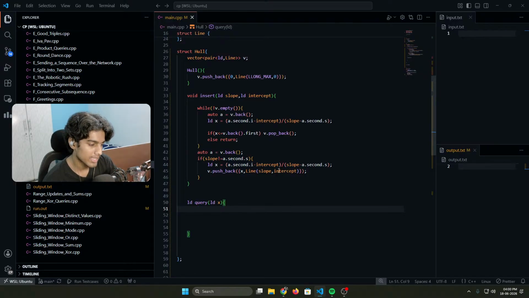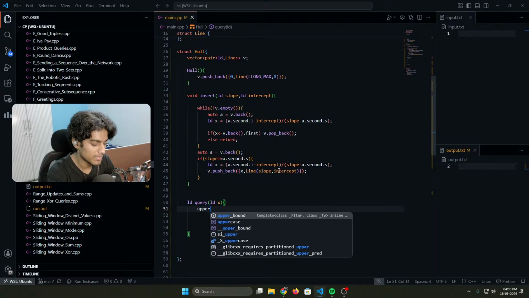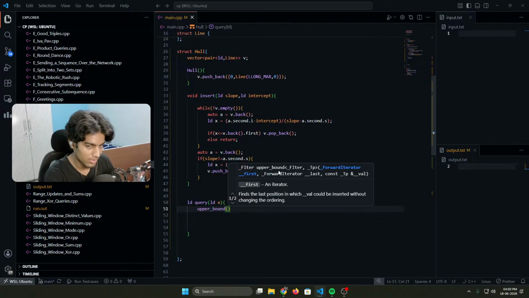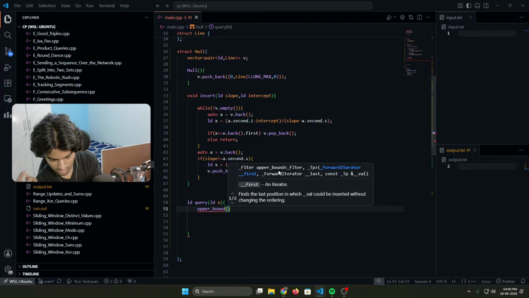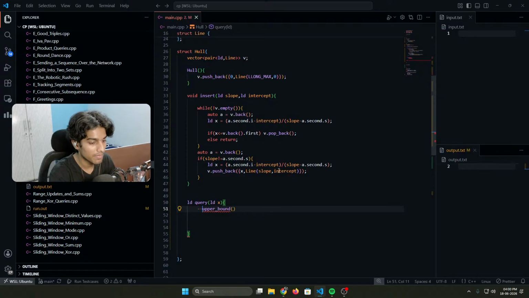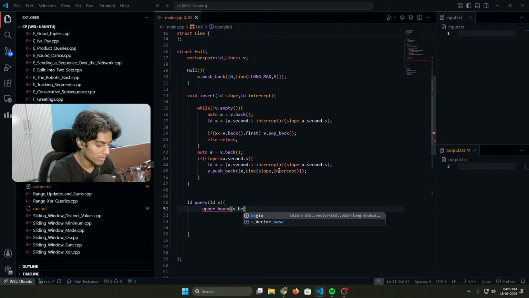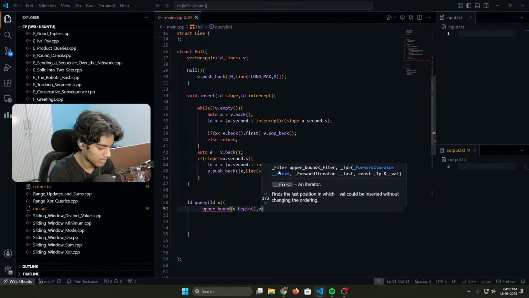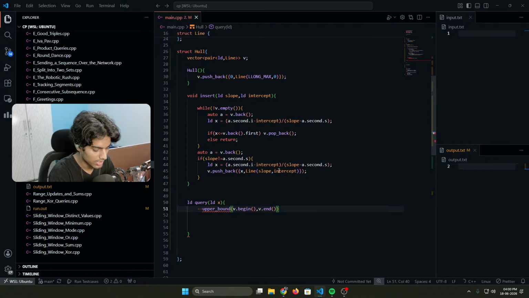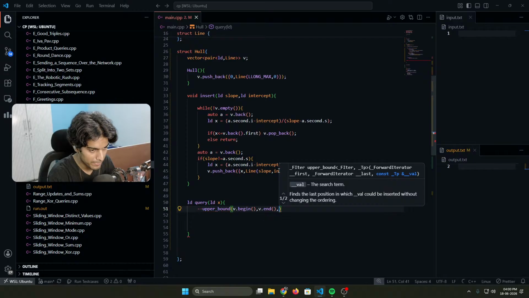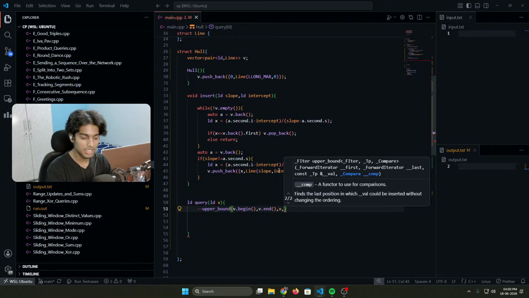We will find an X that is less than or equal to, right? So I can start with upper bound. It's going to give me the greater than. Something like this. And upper bound over v dot begin, v dot end is X. Do we actually need a constructor?